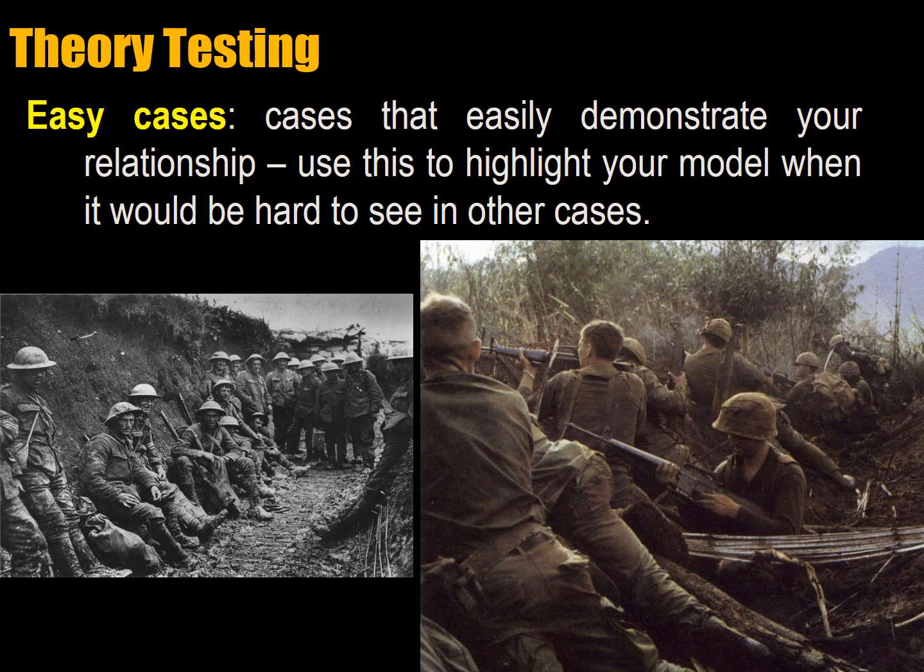We're going to find exactly what we're looking for. It's going to be easy to make the links between the independent variable of the crashing economy and the dependent variable of an extreme militaristic foreign policy. Here you can see US soldiers fighting in Vietnam.